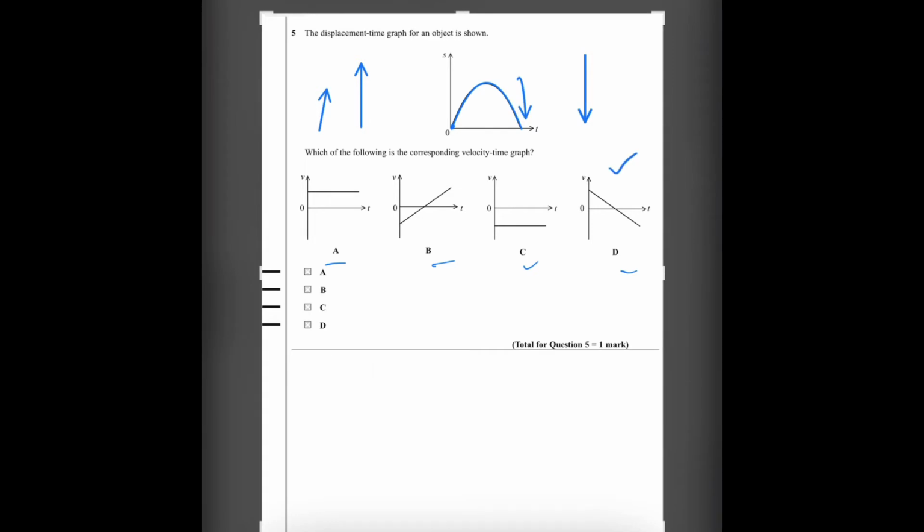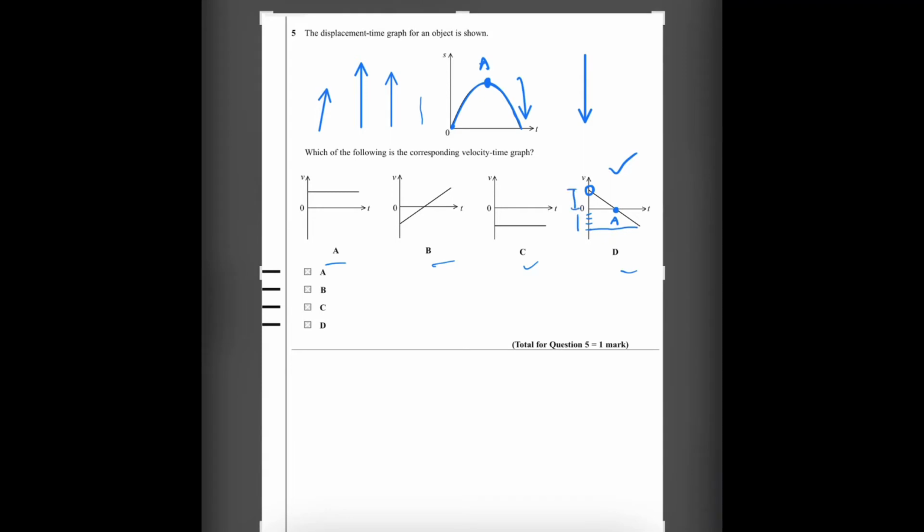And another thing: when we are throwing the ball upwards, we have a certain speed, right? We have a certain speed here in option D, and then the speed is slowly decreasing due to the deceleration, till the ball is at the topmost point, where the velocity is 0. That is this point in option D. Then it is accelerating downwards, and the velocity is increasing. Here also the velocity is increasing in magnitude, but the velocity is becoming negative.